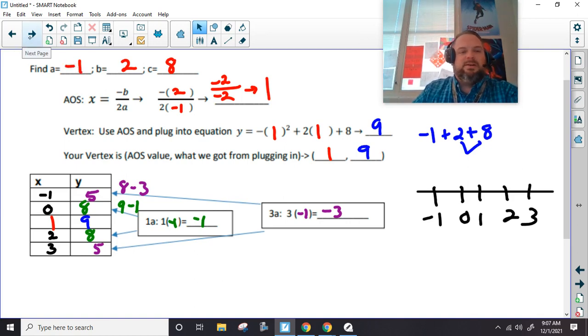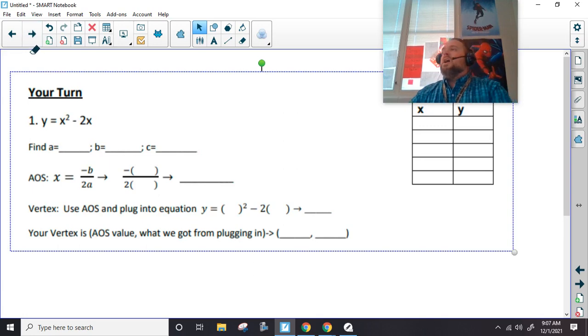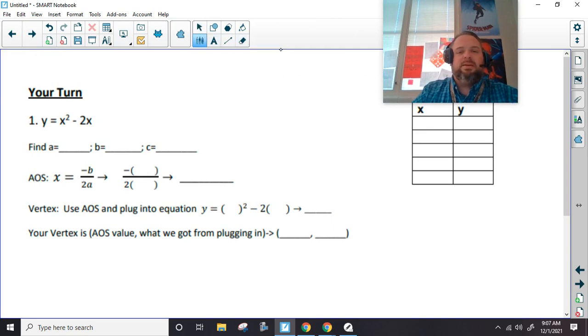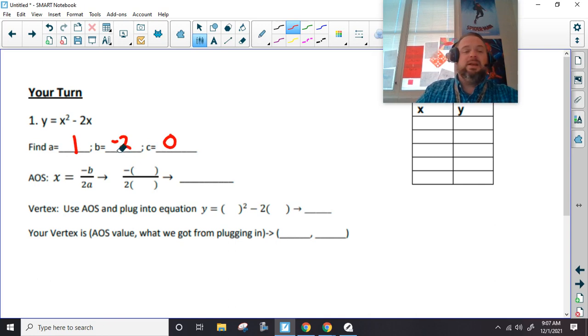Let's look. All right. On the your turn, I'm going to help you out on some of these right quick to help you set these up. All right. Number 1, this is on the back. What is my A value right here? 1. What is my B value? What is my C value? 0. Very good. All right. So go ahead and write that in.